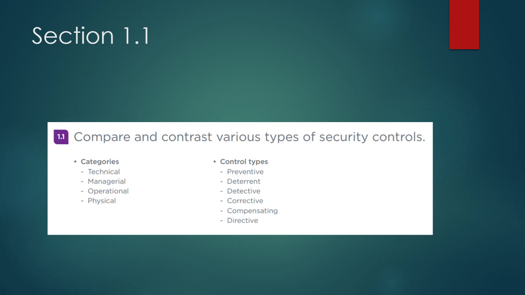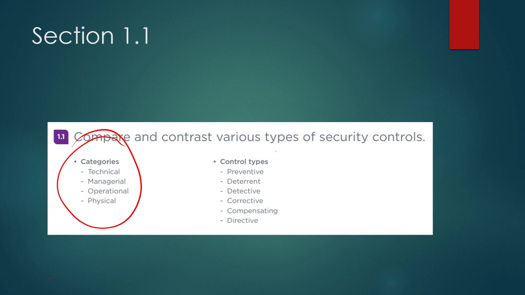So, Objective 1.1 is compare and contrast various types of security controls. On the left here, we have our categories: technical controls, managerial controls, operational controls, and physical controls.